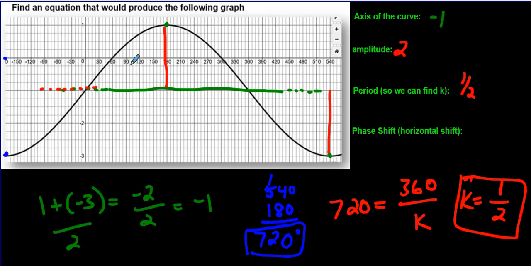But in this case, we're going to keep with the most simple option, which is just stick with sine. And sine is not moving left or right, so there's no horizontal shift. There's none.